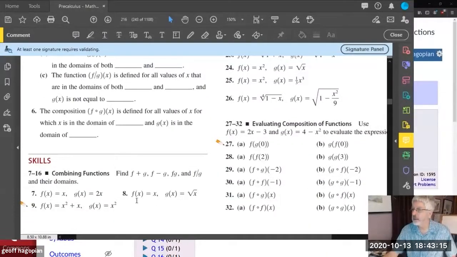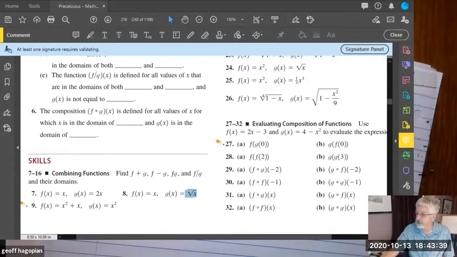Combining functions. Find f plus g, f minus g. So these are pretty straightforward, and their domains. So the domain of g, well, let's go ahead and write this out. All right, paper and pencil time.